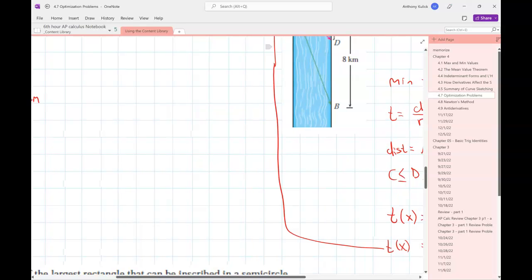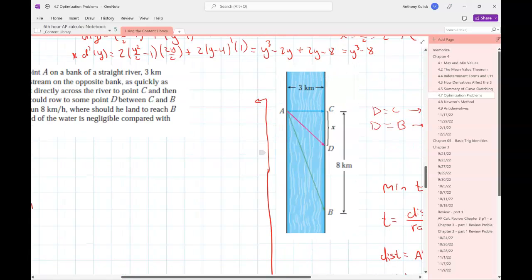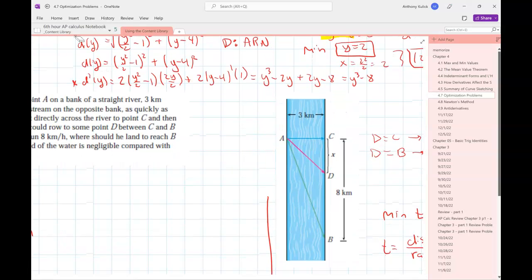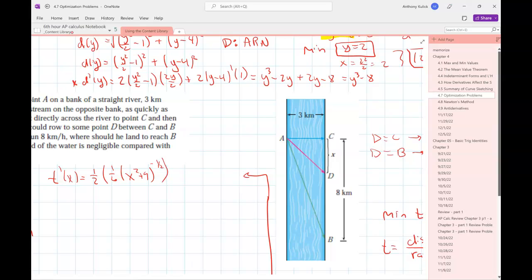All right. So t prime of x is going to be 1/2 times that 1/6 times x squared plus 9 to the negative 1/2 times 2x, minus 1/8 plus 0.